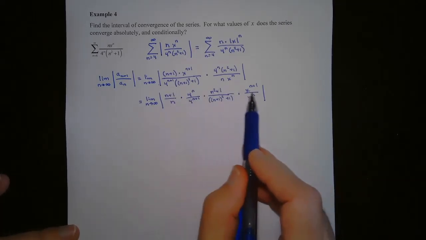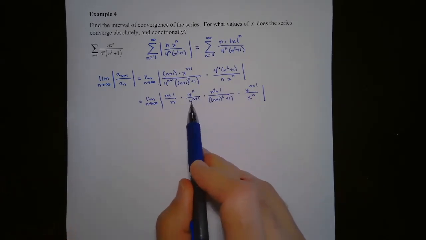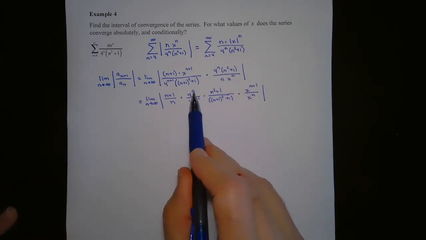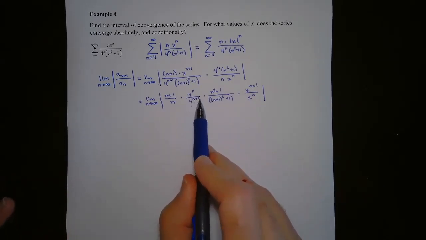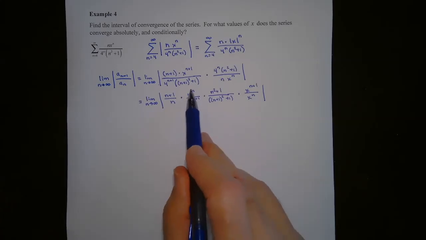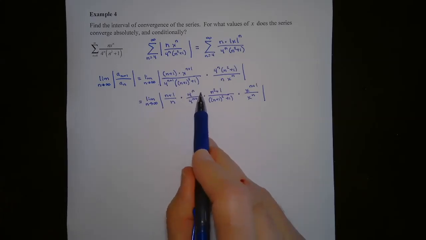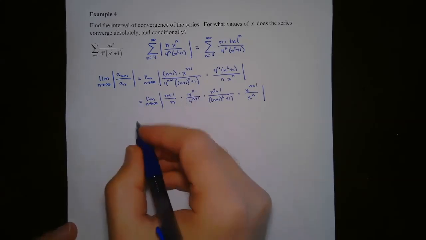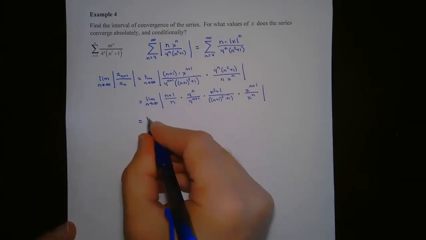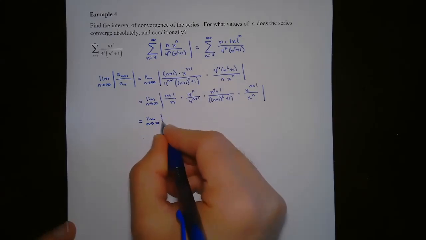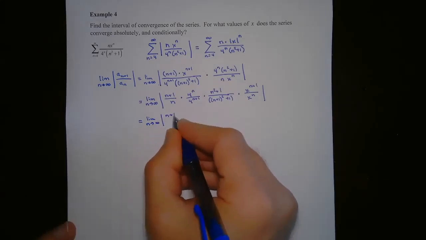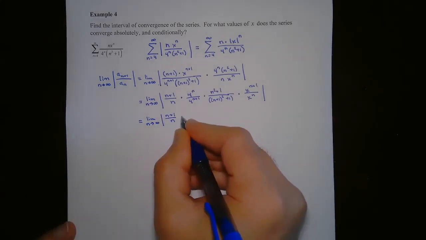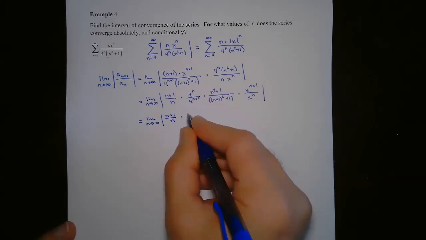These two will simplify a little bit, okay? Now, this would be 4 to the n minus n minus 1. So this makes it 4 to the negative 1, and 4 to the negative 1 is really 1 over 4. So this is the limit as n approaches infinity of the absolute value of n plus 1 over n times 1/4.